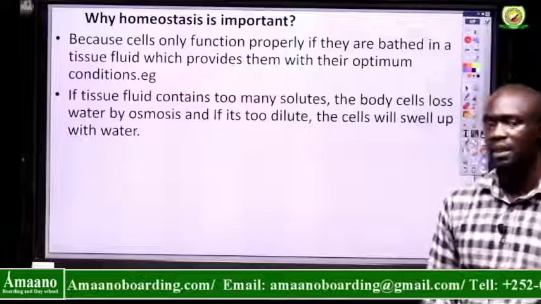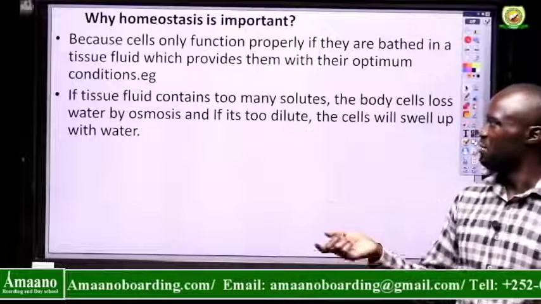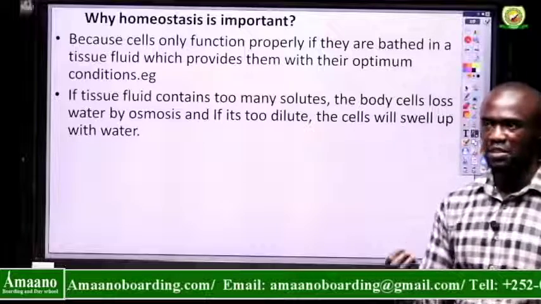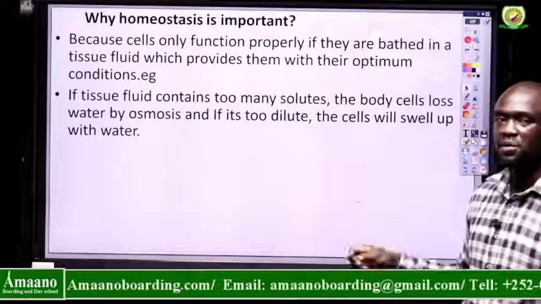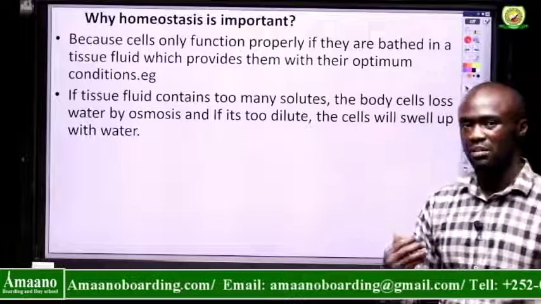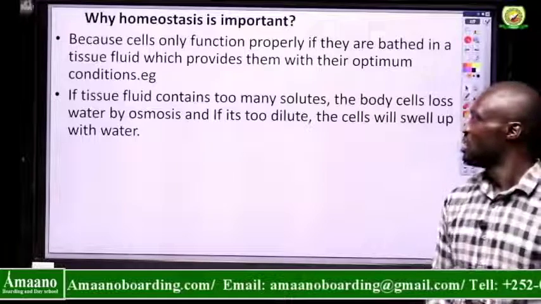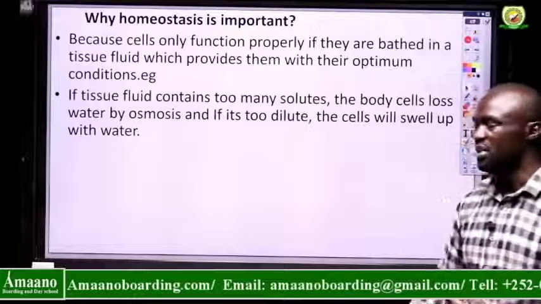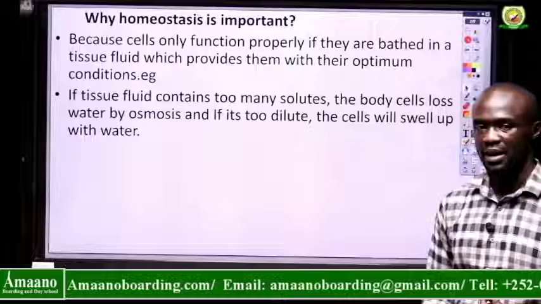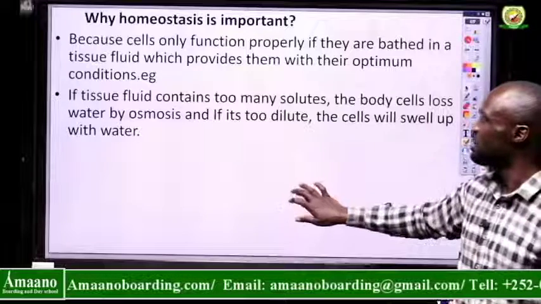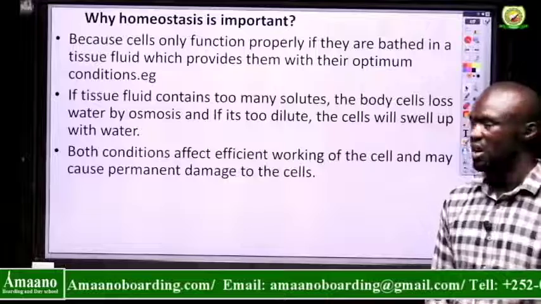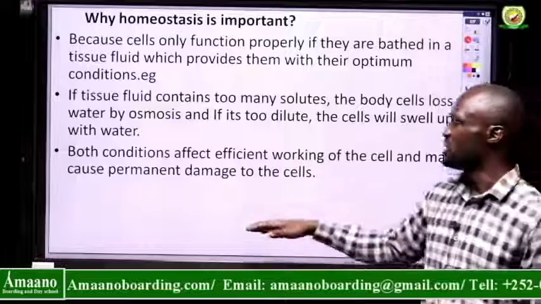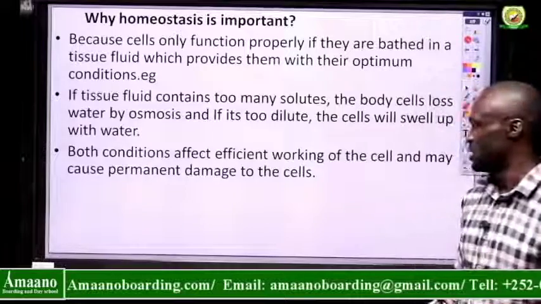For example, if the tissue fluid contains too many solutes, meaning if it is more concentrated, it will make the body cells lose water by osmosis. And at the same time, if the tissue fluid is dilute, it will make the body cells gain water by osmosis. So you can see that both conditions are not good for the cells. They will either affect the efficient working of the cells, or even result in permanent damage to the cells.